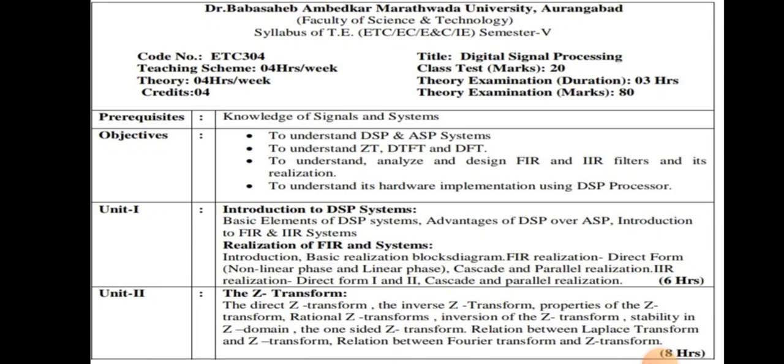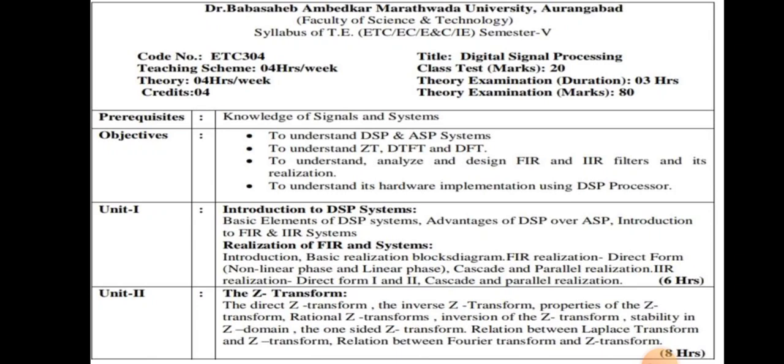Then we will see realizations of FIR and IIR systems, in which there is introduction, basic realization, block diagram, FIR realization, direct form, non-linear phase and linear phase, then the cascade and parallel realization, then IIR realization, direct form 1, direct form 2, cascade and parallel.